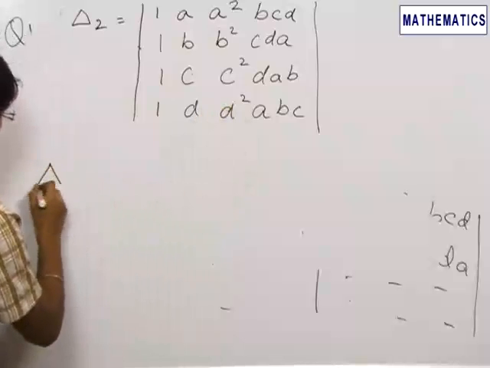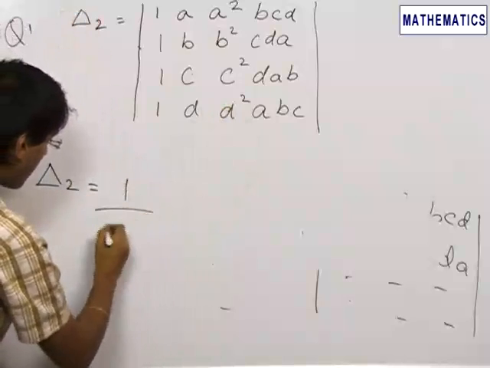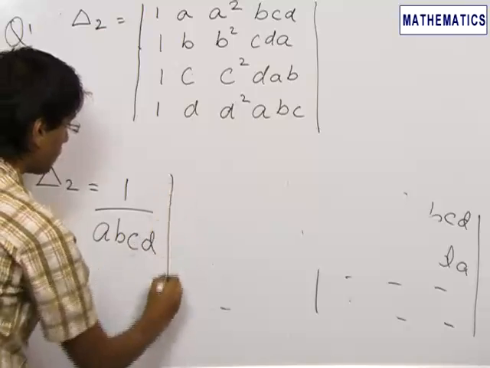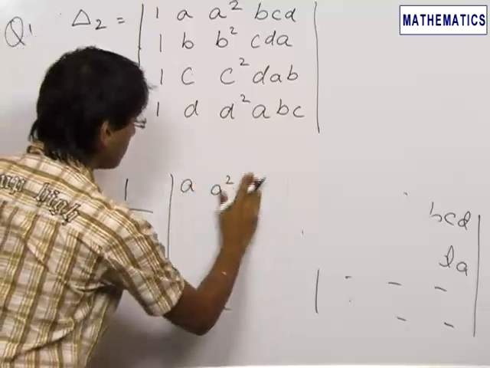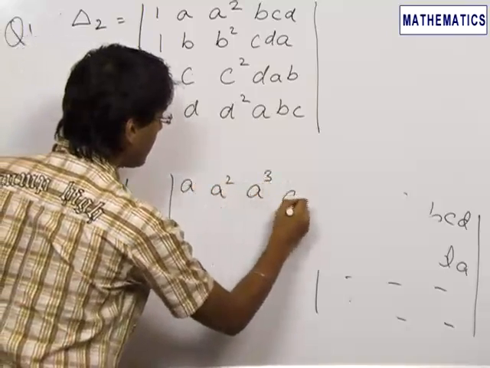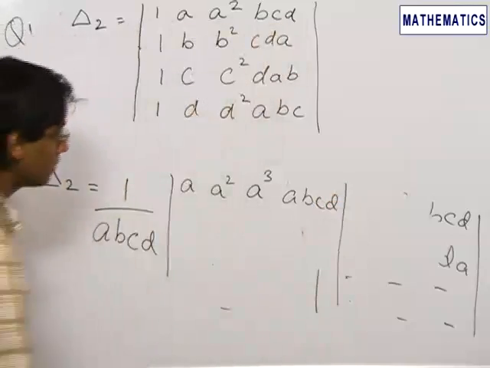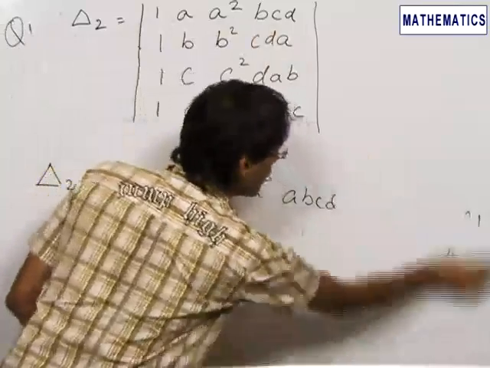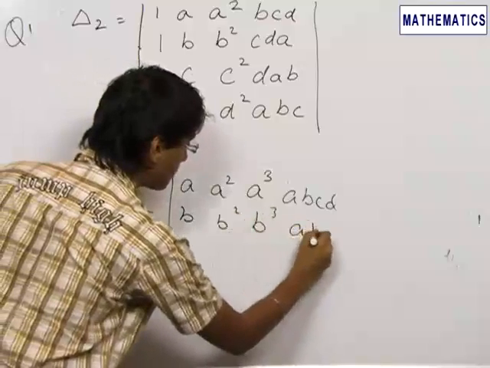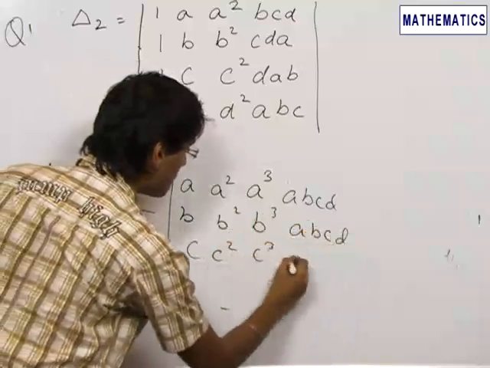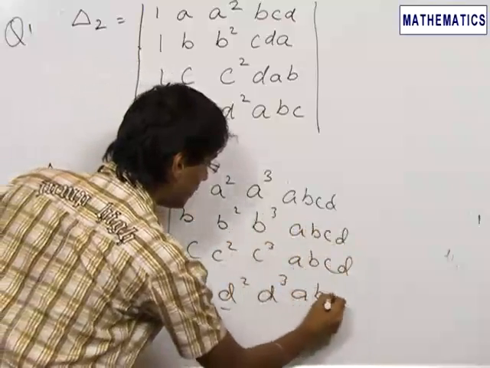In order to keep the value of determinant 2 the same, we have to divide it by abcd. So now this becomes a square, a cube, and abcd, since we have multiplied the first row by a. Similarly multiplying the second row by b, this becomes b square, b cube, abcd, c square, c cube, abcd, and d square, d cube, abcd.